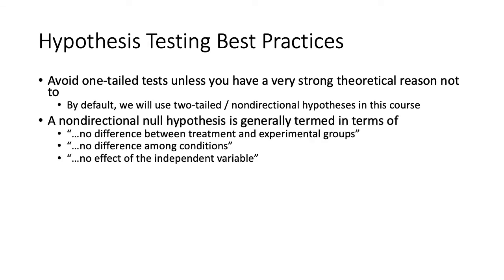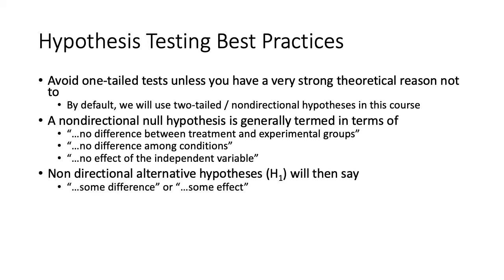A non-directional null hypothesis, we phrase it in terms of no difference between treatment and experimental groups, or no difference among conditions, or no effect of the independent variable. And for a non-directional alternative hypothesis, we'd say something like there's some difference between the treatments, or there's some effect of treatment.